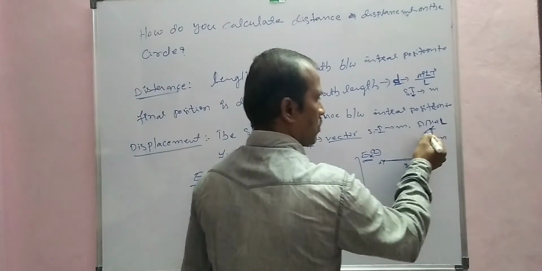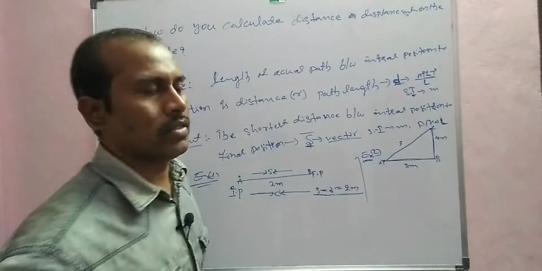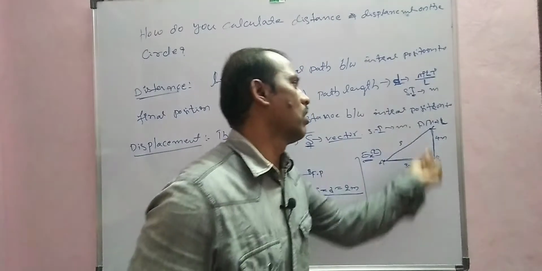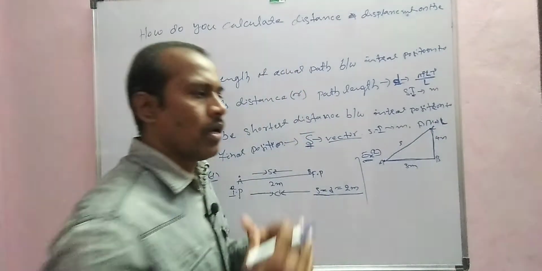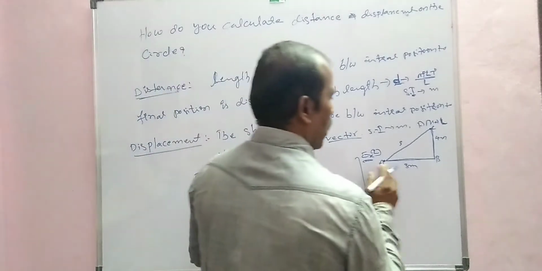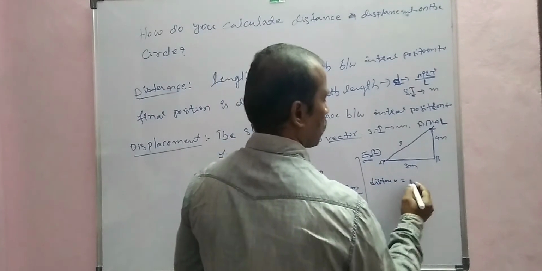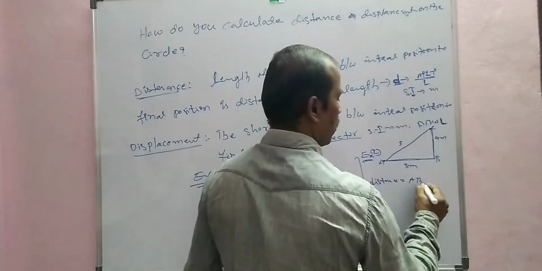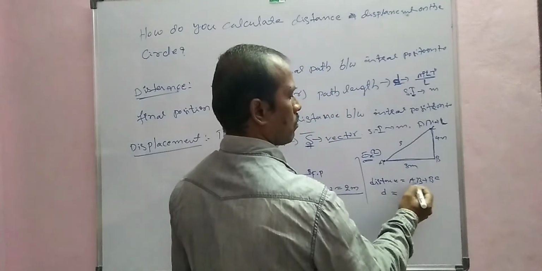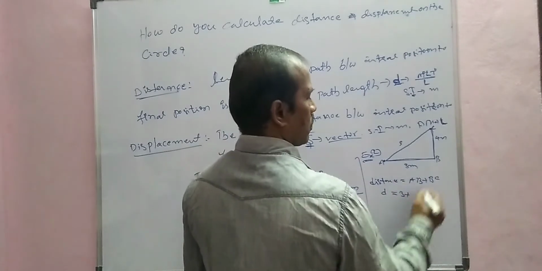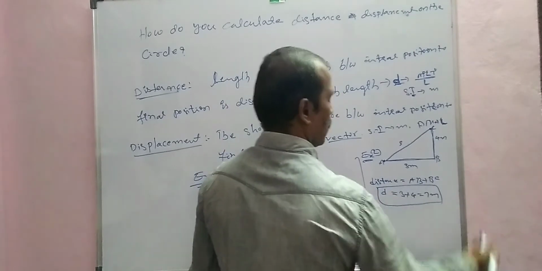Here AC means displacement S. The initial position is A and the final position of the person is C. The distance of the person is A to B plus B to C. So distance d is equal to AB plus BC, that is 3 plus 4, equal to 7 meters. The distance of the person is 7 meters.